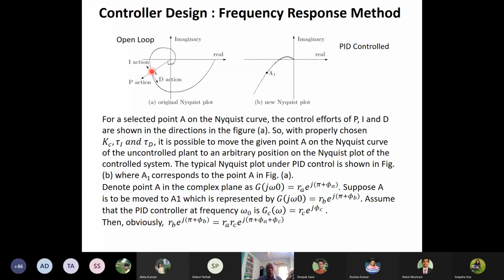If I draw a line over here, radially, if you move in this direction, it will give you proportional action. If the angle is increased, then it will give you integral action in this direction, and the derivative action is in this direction.